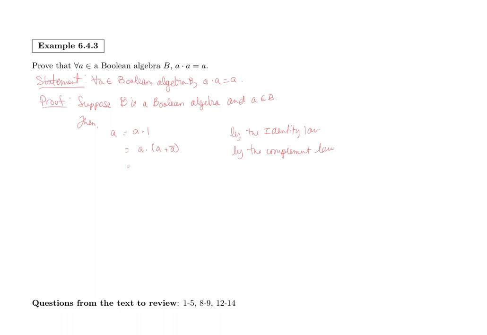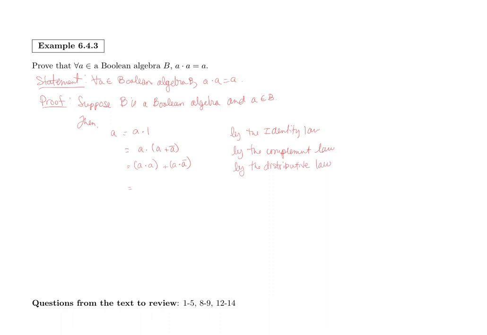Now we can use that distributive law again, and we get A times A plus A times A complement. So in this case, our distributive law worked exactly the same as it does with regular algebra.